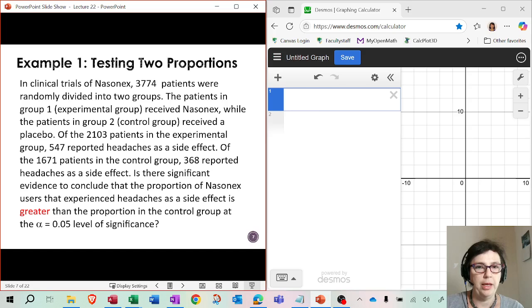What is the example? Let's look at this. This is a clinical trial of a medication called Nasonex. When drug companies publish information for patients about which medication causes what potential side effect, they have to test it out. As part of their testing, they select two independent random samples.